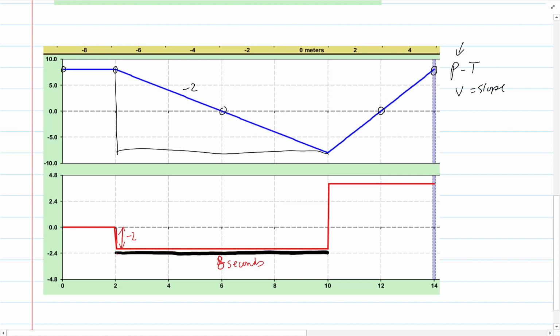So you know the velocity and the time of 8, you can get its displacement. The displacement is velocity times time, which is 2 times 8, which is 16.